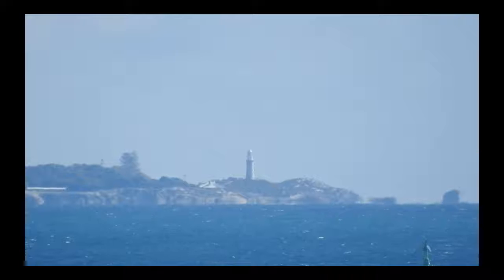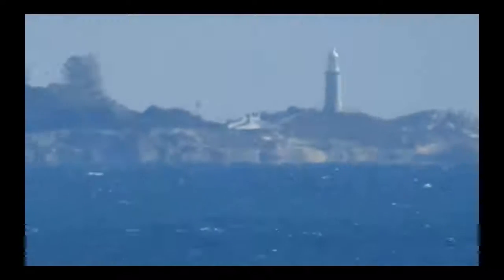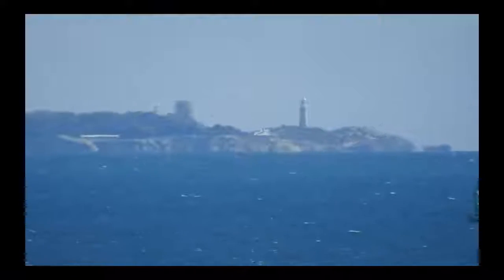So I'll zoom right in using digital zoom, and you will see just how much land there is underneath that lighthouse. Now we'll zoom out all the way so you can see my location clearly.